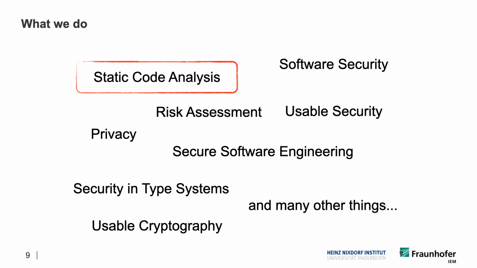But then one particular research question is how do you design a software engineering process such that you can actually also have secure software in the end? And there are many topics that play into this. There are topics such as risk assessment, secure software engineering in general, but also usable security is a topic.